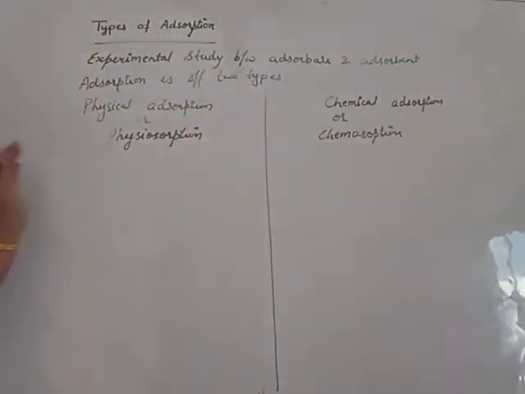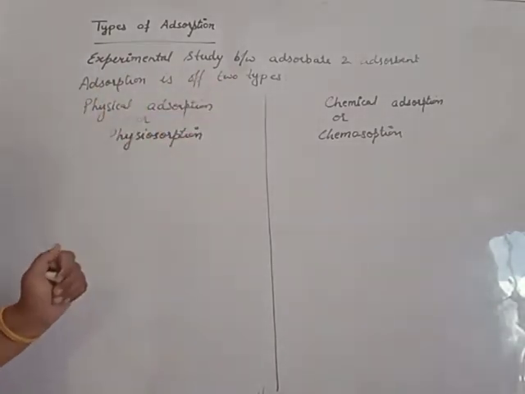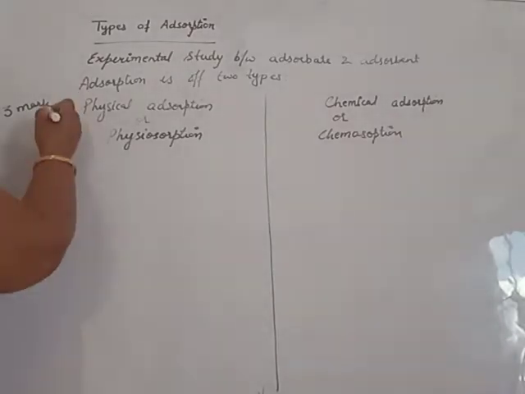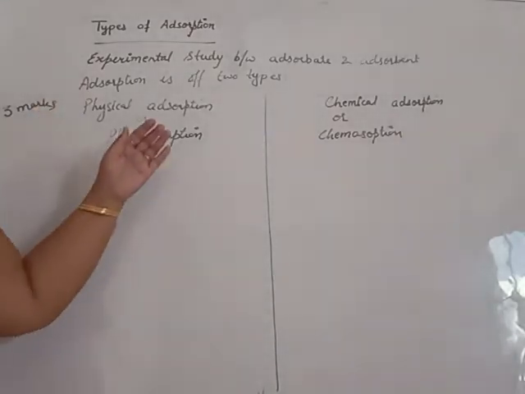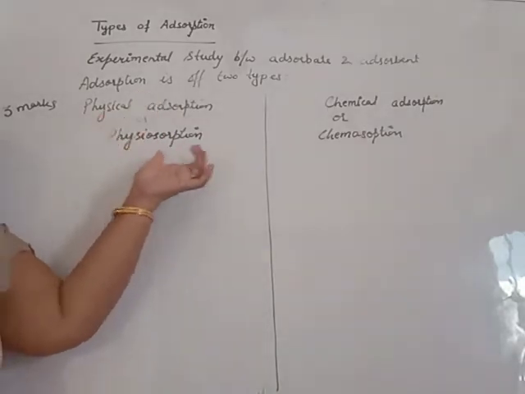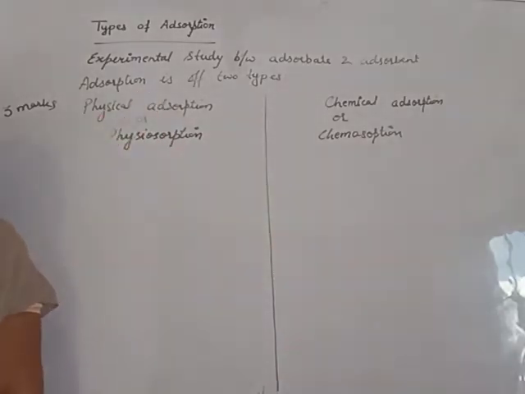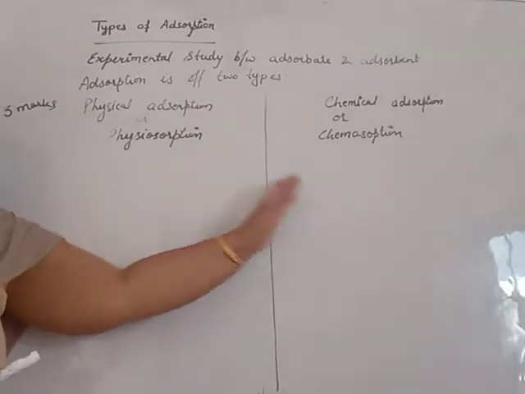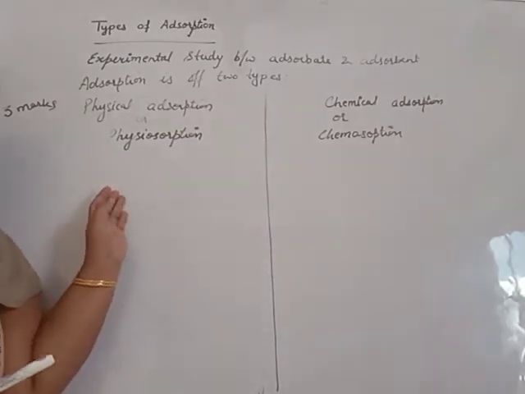Beta, each and every point in your exam, the difference between physical and chemical adsorption, this question is arise in 3 marks. 3 or 4 points are sufficient for you, but each and every point involved in the case of physical or chemical adsorption also be arise in your exam as 1 mark question. So each and every point of difference between these two is important for 1 mark question also.